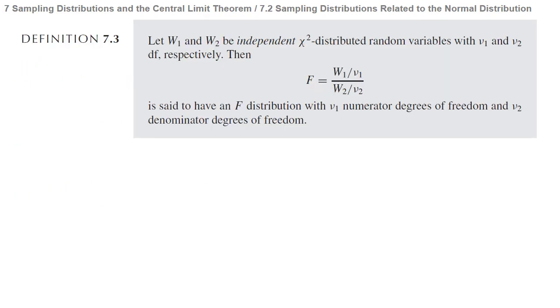Let's move on to definition 7.3. Let W1 and W2 be independent chi-square distributed random variables with nu1 and nu2 degrees of freedom.